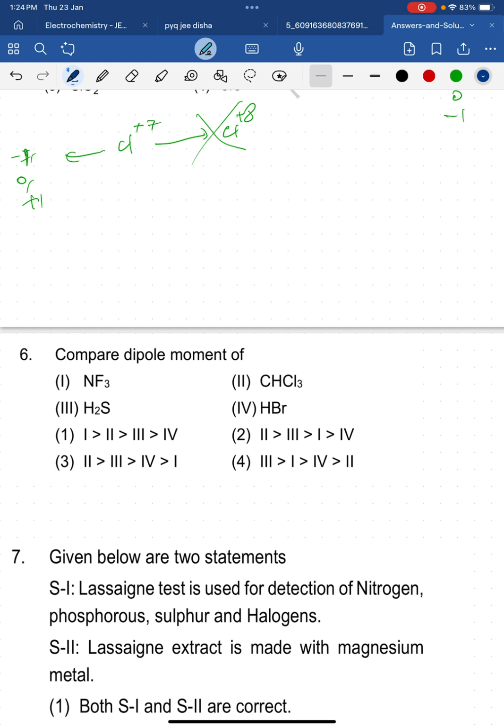HBr we are getting approximately 0.79, and CHCl3 1.04, and one more, H2S, we have 0.95. So you can see the values, then you can say the answer. Which is the highest here? 2 is highest. Next highest 3. So which one are you expecting as the answer here? Option 3.